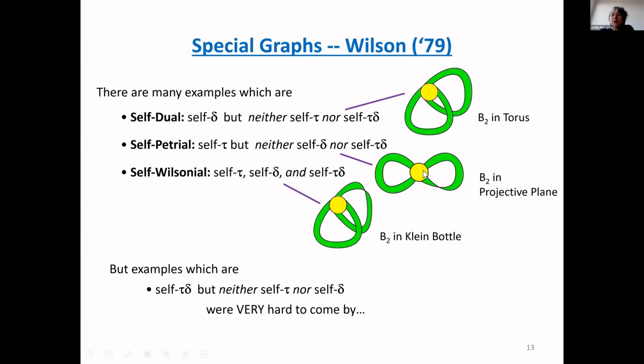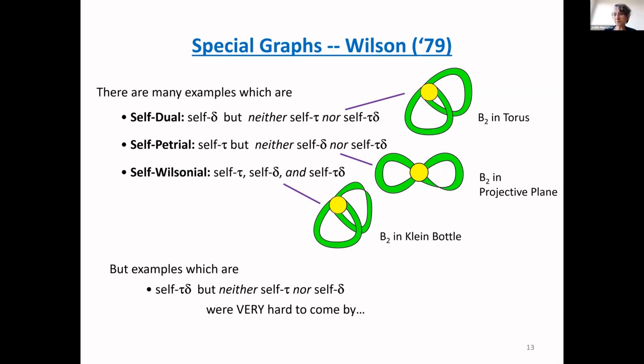This graph right here is self-petrial. If you twist both the edges, you get back what you started with up to isomorphism. It's not self-dual and it's not self-trial. This one is the one we saw a minute ago. We call these self-wilsonial. They're self-everything. They're self-trial, self-dual, self-petrial.